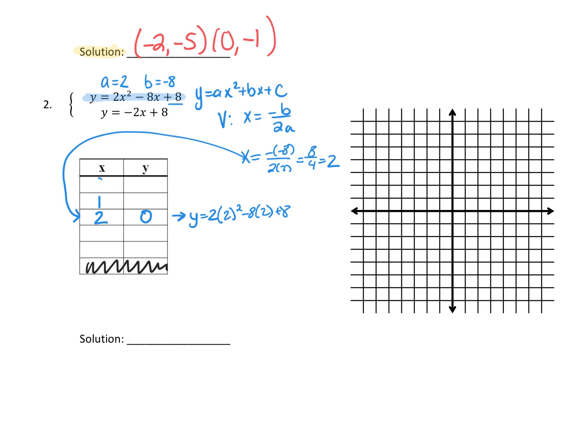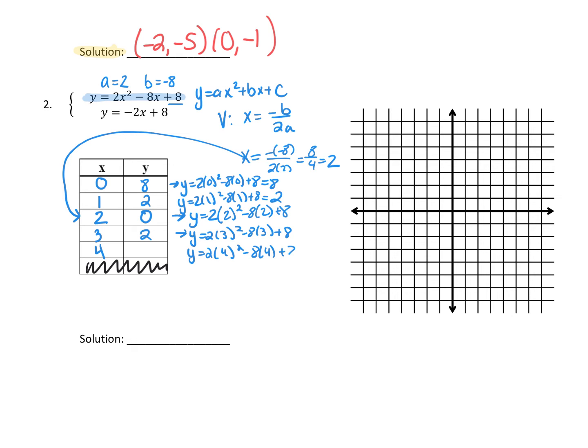Now from here, I want to build my table, and I'm going to plug in every number back into that original equation. And we can just type these in the calculator. We don't even need to write them out by hand like I am, but I'm showing you what you would type in your calculator. All right, now let's plot these points.